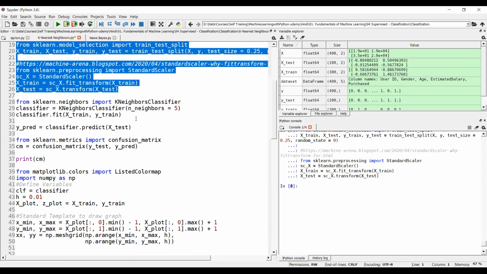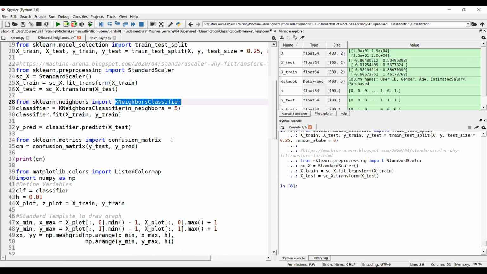Now for this algorithm, the library name is KNeighborsClassifier, and we import it from sklearn.neighbors. We run this line.